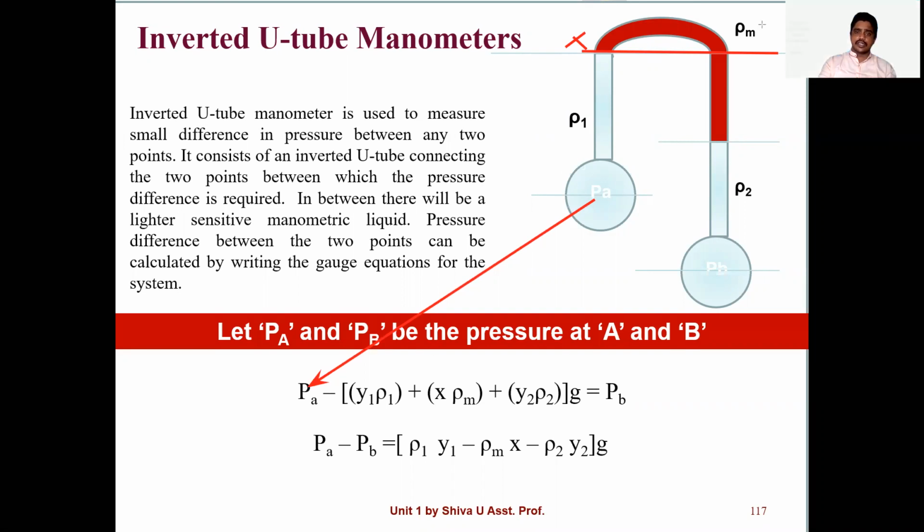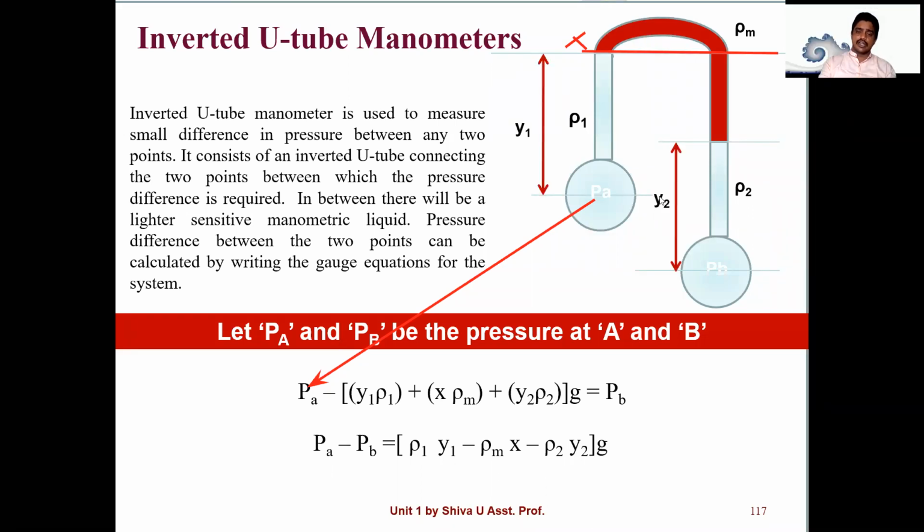What is the height available on this side? Let us represent it with y1, and the height on the right hand side as y2. Now, from the equilibrium position we are moving downwards.